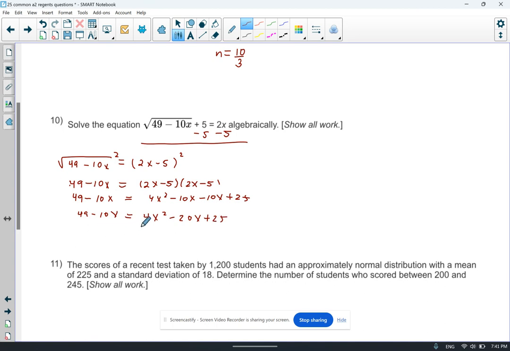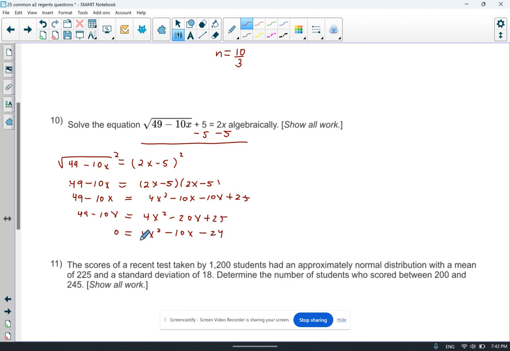You're then going to subtract 49 and add 10x. So 0 is equal to 4x squared plus negative 20x plus 10x is negative 10x. 49 and 25 is negative 24.